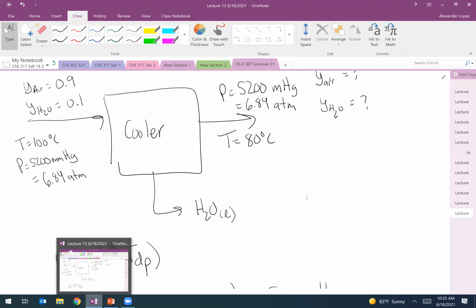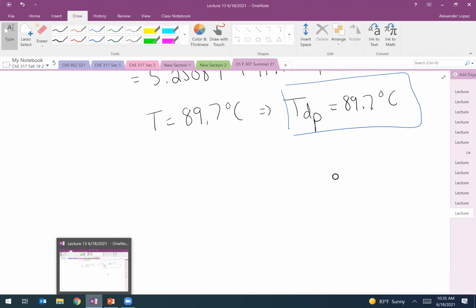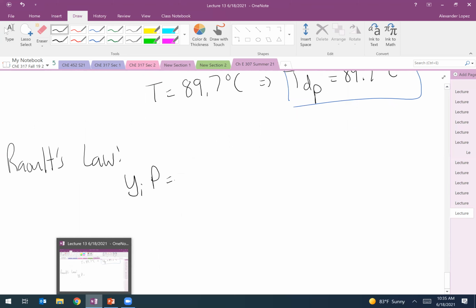And since I have a saturated vapor, in order to find the mole fraction Y of water, I can rely once more on Raoult's law, which says Y sub i times P equals P sub i star at a given T. But now my T is 80 degrees C. So by solving my Antoine's equation again, I can find how much water vapor that system can hold.